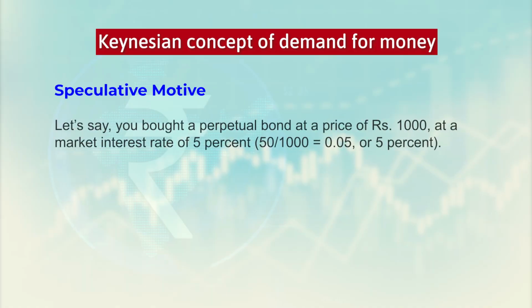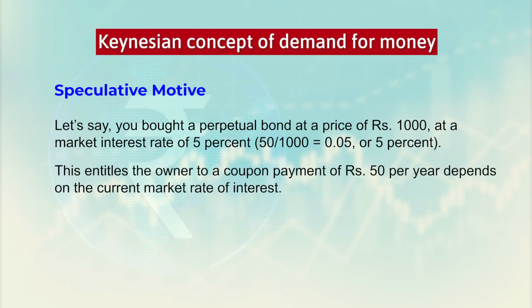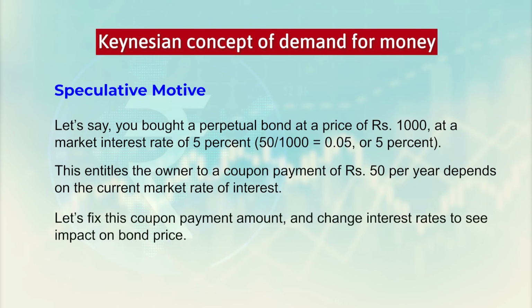Again, I am putting forward an example: I am buying a bond of, say, rupees 1000, and the government decides that if I sell this bond two years down the line, I'm going to get rupees 50 as the return. This rupees 50 is called the coupon payment. You can see in the slide that this coupon payment is fixed. Mind it, this coupon payment is calculated on the basis of the current interest rate.